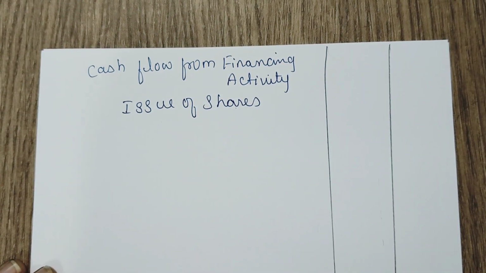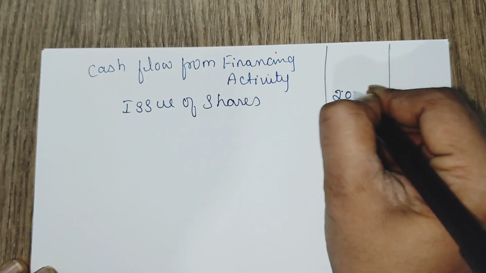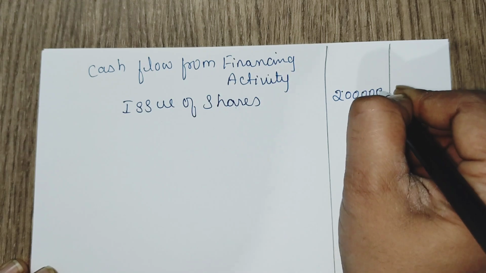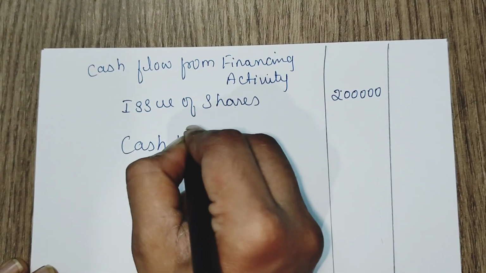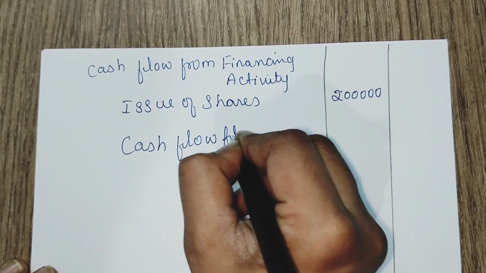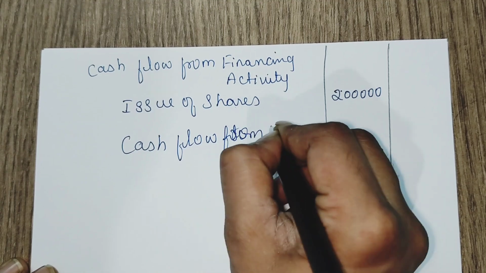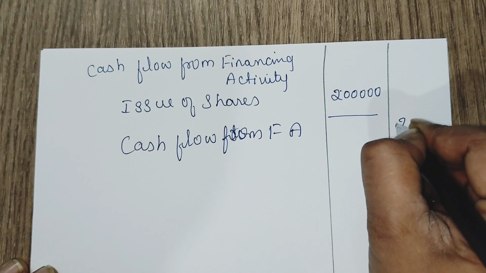Issue of shares is, how many shares issued? 2 lakh. Cash flow from financing activity. We don't have any debentures. Cash flow from financing activity, 2 lakh.